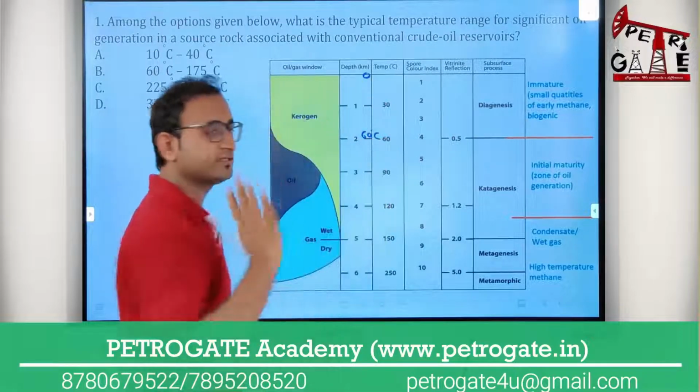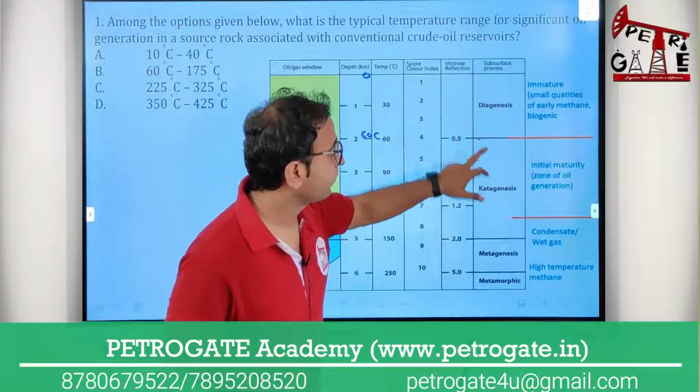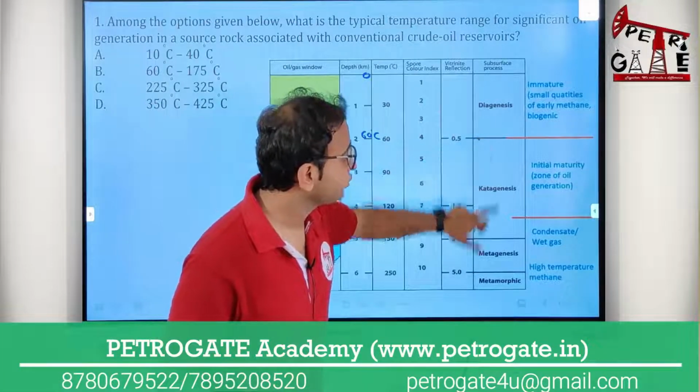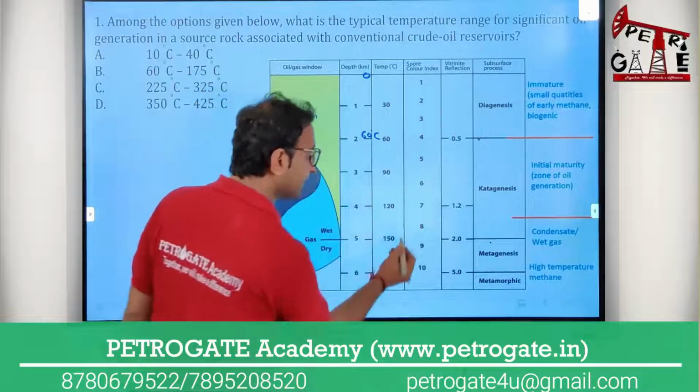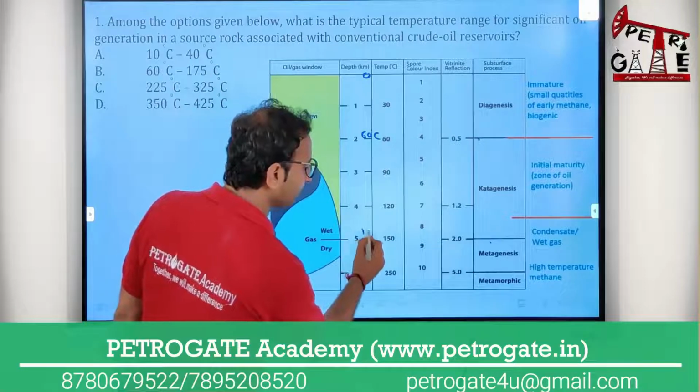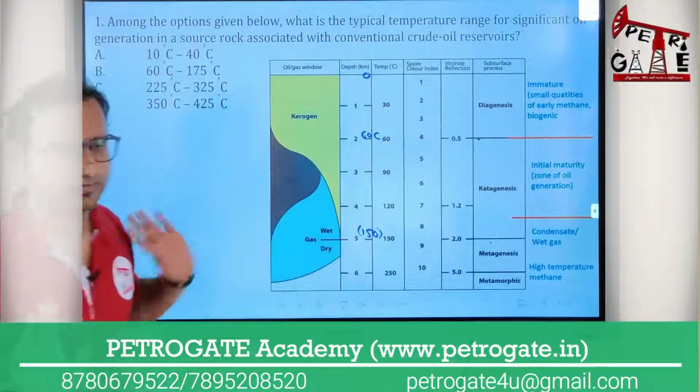Then the catagenesis range will start from 60 degrees to approximately 150, or in some books 160, but take 150 as the example.